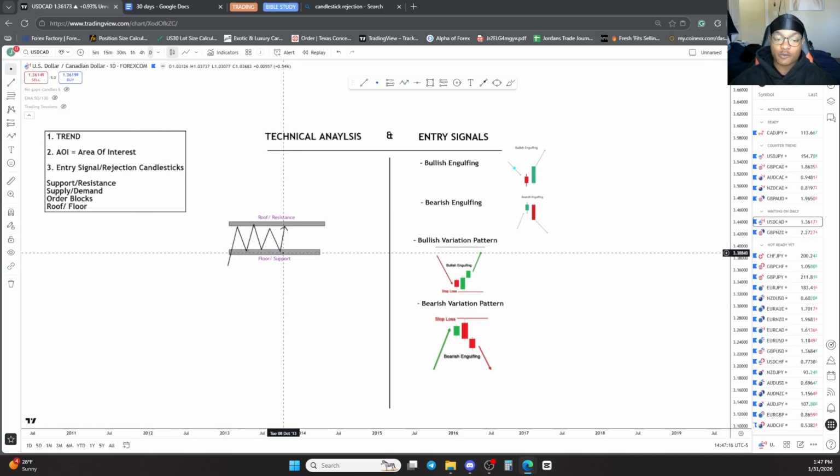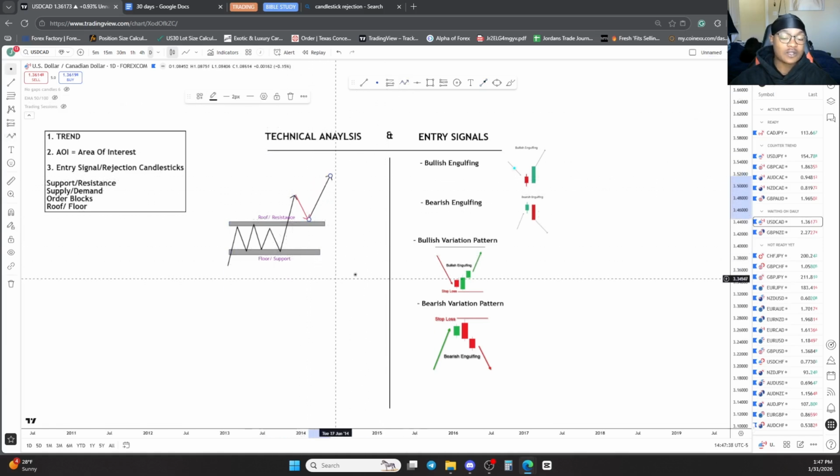Price has formed this floor where price cannot break through. It keeps bouncing. But the moment price gives us a break of this ceiling, of this resistance, we will then look for price to come back down towards that ceiling to treat it as our floor to have the next continuation back towards the upside.